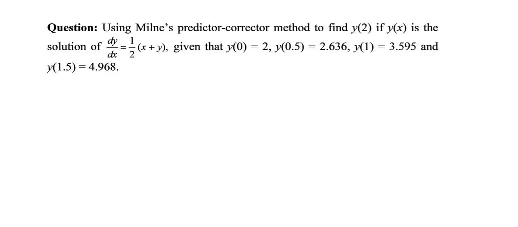Using Milne's predictor corrector method, find an approximate solution of y(2) if y(x) is the solution of the initial value problem dy upon dx is equal to 1 upon 2 times x plus y, given that y(0) is equal to 2, y(0.5) is equal to 2.636, y(1) is equal to 3.595 and y(1.5) is equal to 4.968.